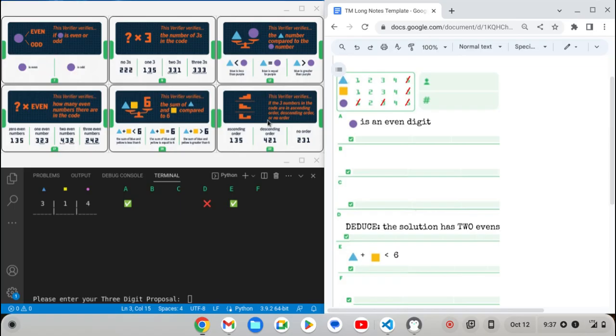Likewise, if I were to assume that the solution is in descending order, that would mean that triangle is greater than circle, which would mean that, again, criteria card C would be irrelevant. And so I believe we can deduce that the solution should have no order. So I'm going to type that up.